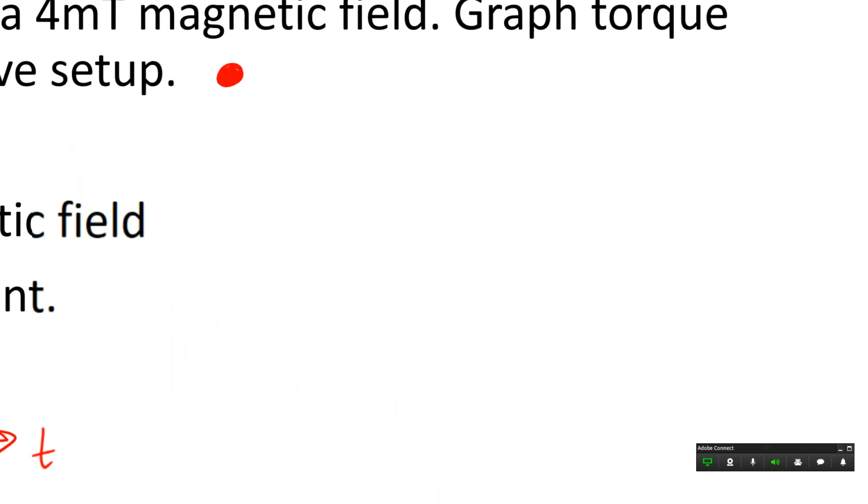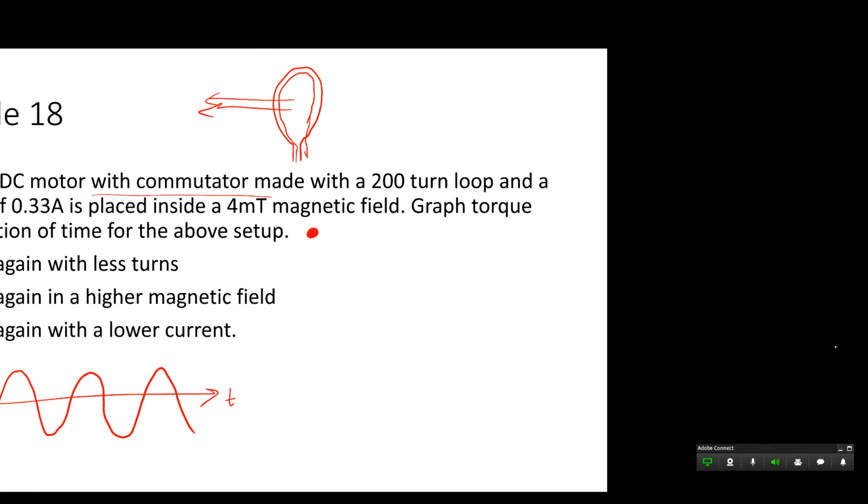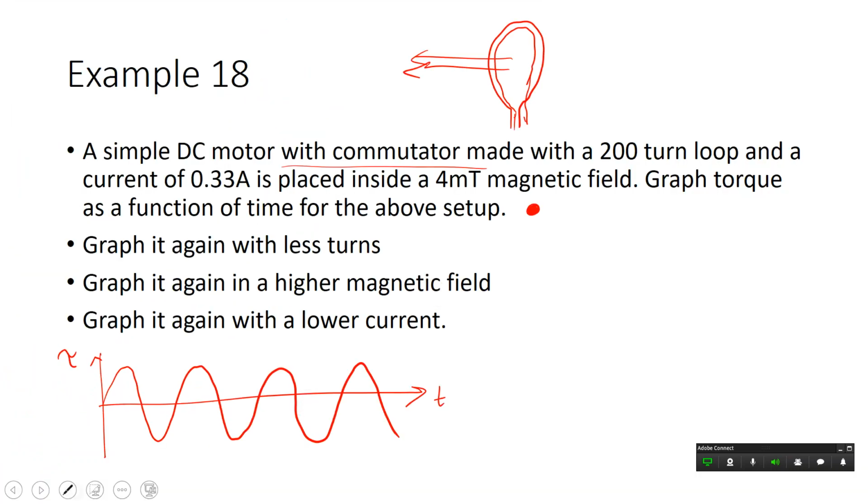Less. Oh, right, so let's do this in a different color. What's my graph going to look like? It's going to look the same. It's going to be a wave function again, except I won't reach the high peaks like I was before. I'll have really low peaks.